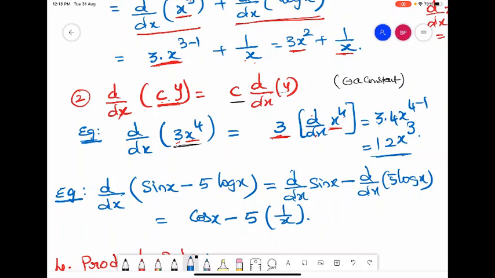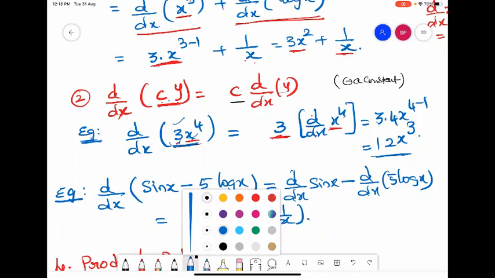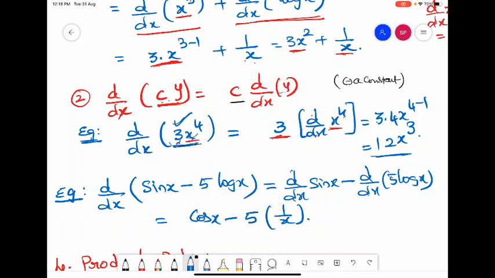So I hope you understood. Whenever you have any polynomial function or a trigonometric function which has a scalar constant multiple, that constant can be brought out. 3 into d by dx of x power 4. You can do the differentiation only for x power 4 and you can write 3 as a multiple.